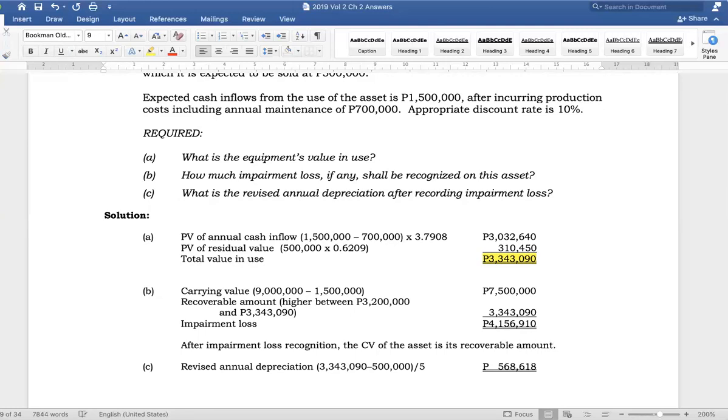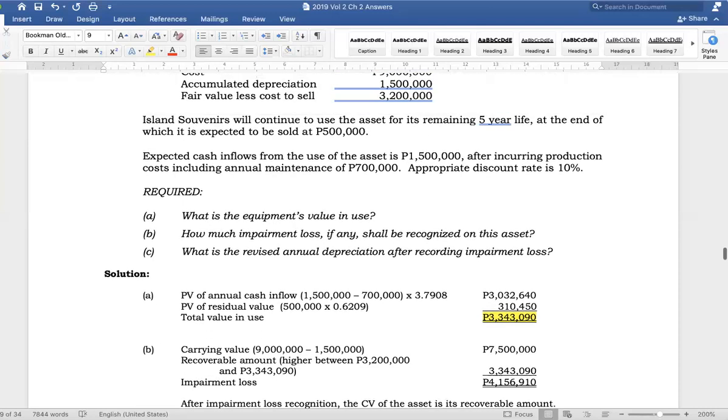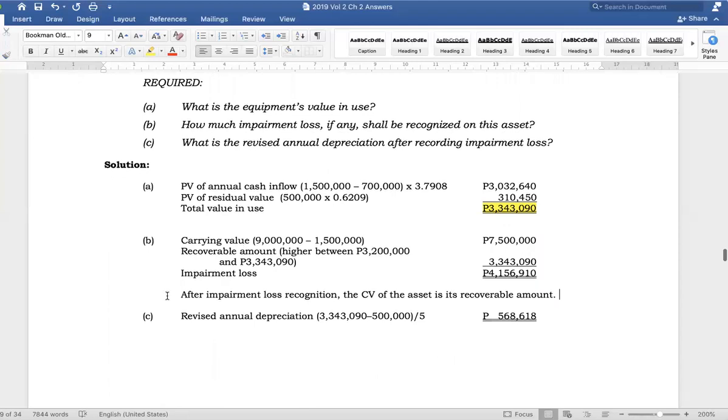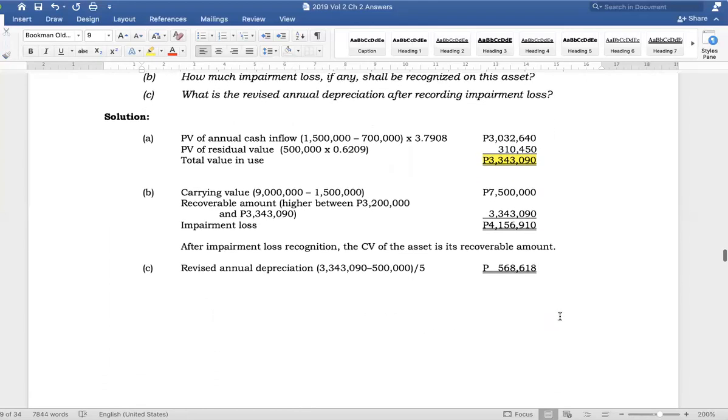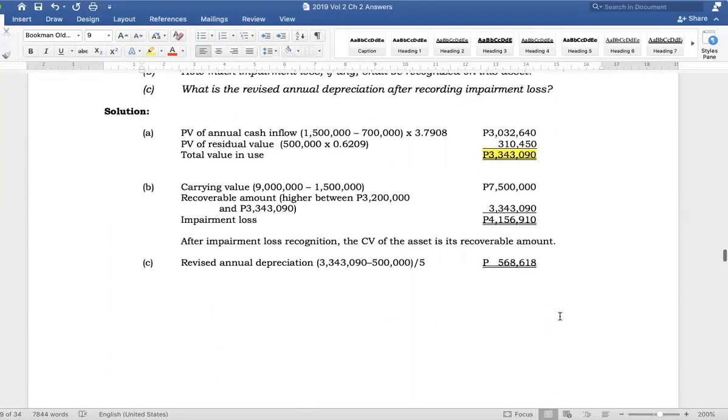Therefore, it is the recoverable amount minus any residual that will be subjected to depreciation. Okay, therefore, recoverable amount of 3,343,090 minus 500,000 divided by 5, that's 568,618.